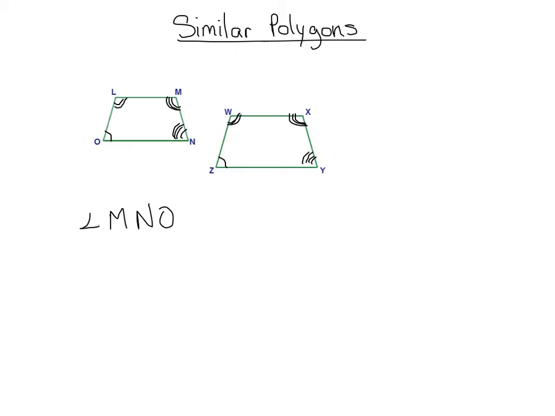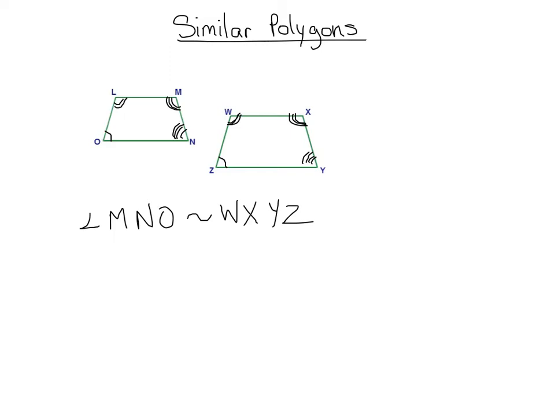So I would say LMNO is similar to, and that's the is similar to symbol, WXYZ. And it's not because the letters are in order alphabetically, it's only because I'm listing corresponding vertices in order. So L is corresponding to W, M is corresponding to X, so on and so forth. So when you write that two polygons are similar, that's how you would write it down.